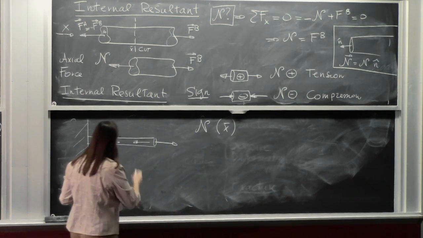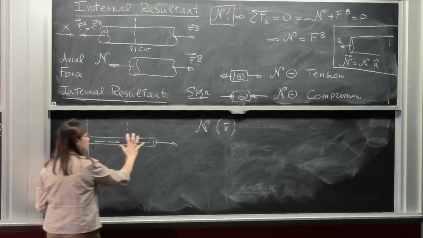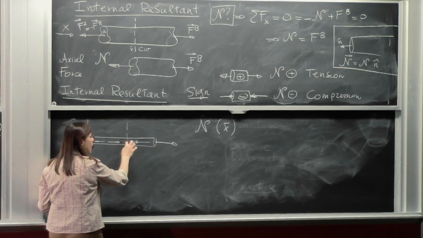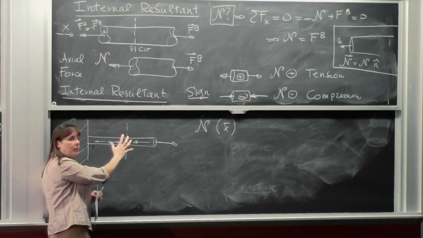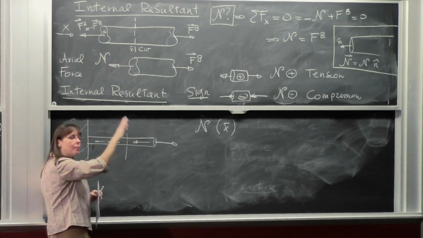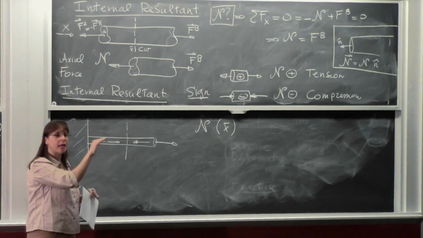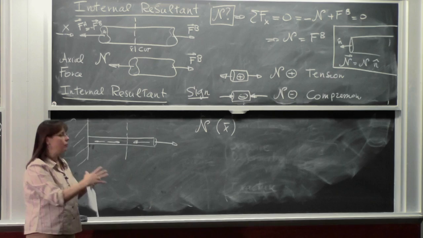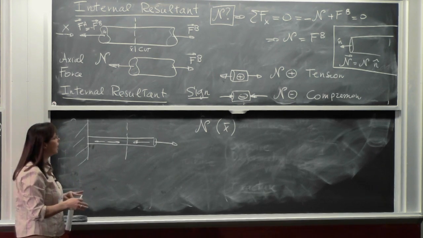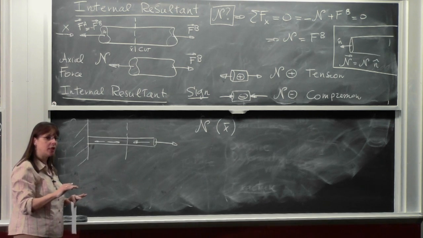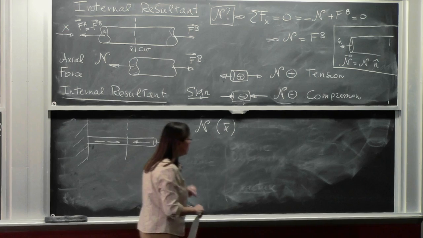I may want the n at this section here. So what you do is you take this part, you expose n, you put this part in equilibrium, and you calculate what n is supposed to be. Okay? There is a worked out example on your Stellar site that explains how to calculate the n in this kind of simple problem. I want you to work it out for your homework and be ready for Thursday, because we're going to do a lot more on this.